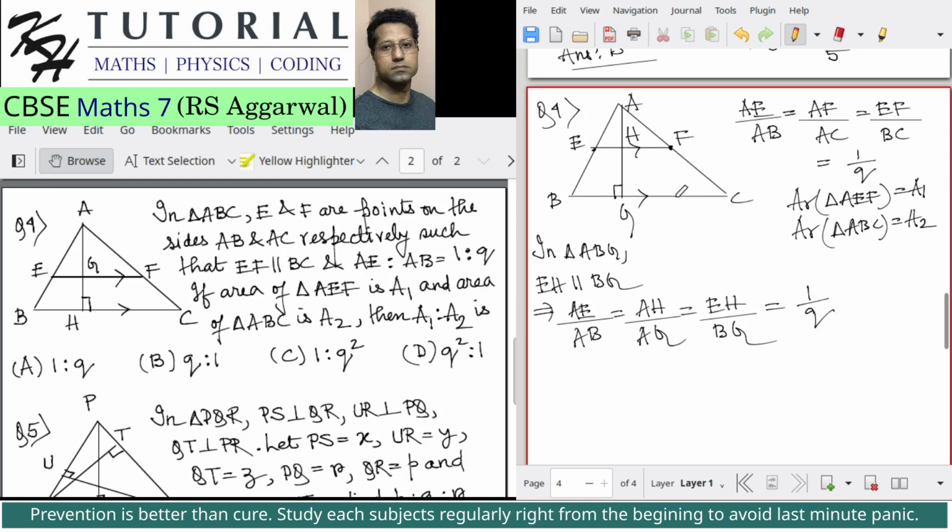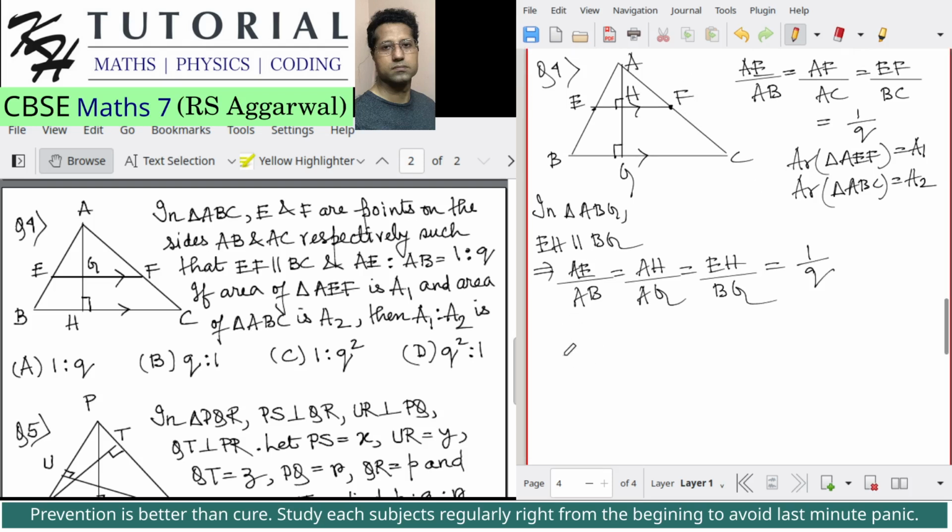Now, AG has been drawn perpendicular to BC. Since EF is parallel to BC and AG is perpendicular to BC, this will also imply that AH is perpendicular to EF. So we can say that AH is the height.